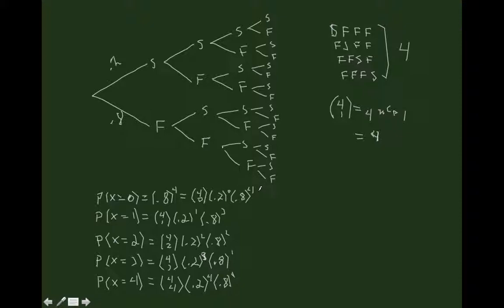Now I want to try to show you how I can take these patterns and generalize to what we call the binomial probability function. So now I'm going to change the weights.